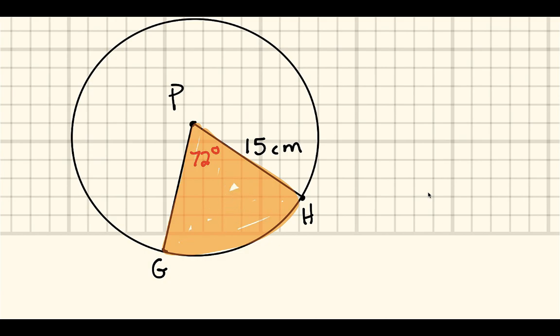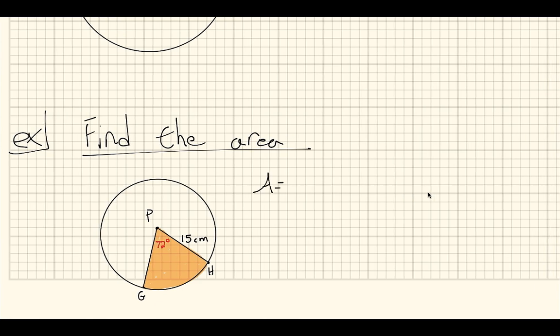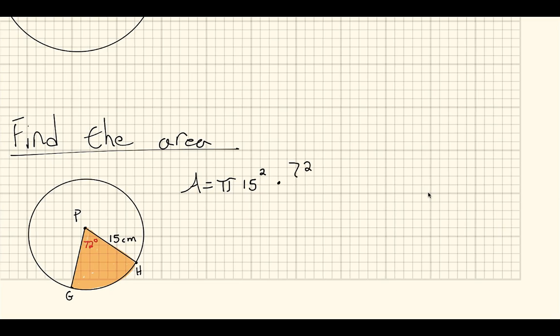All right. So it's really as simple as just finding the area. So the area is pi times 15 squared, because 15 is the radius, but then we're multiplying that by the central angle here, which is 72, divided by 360.